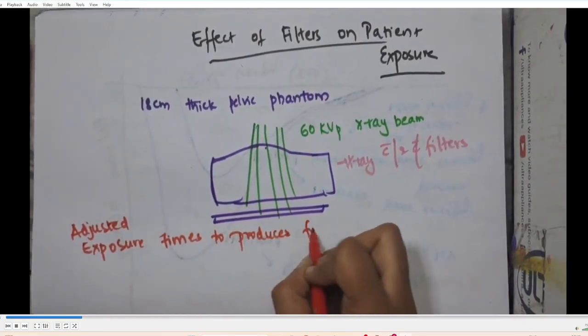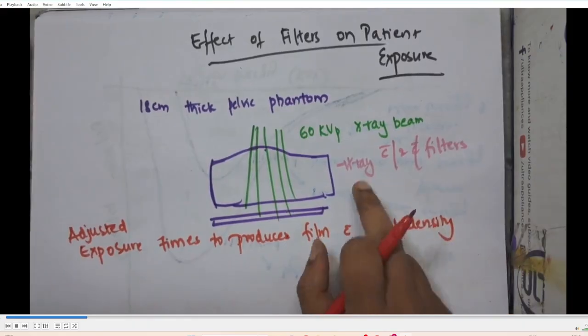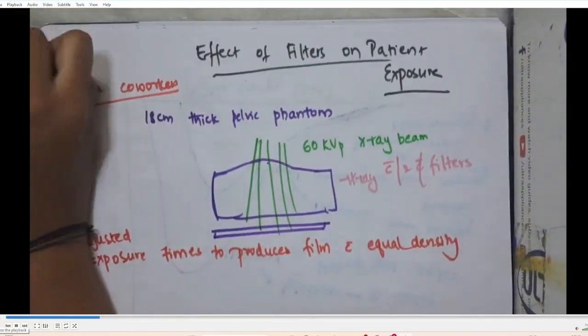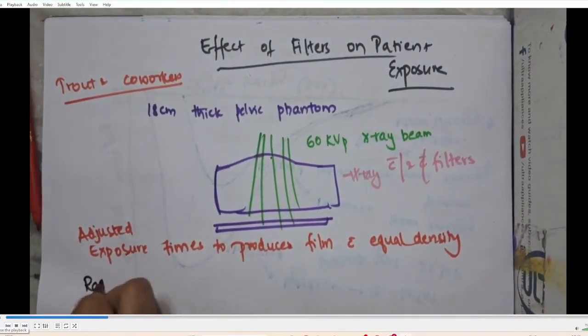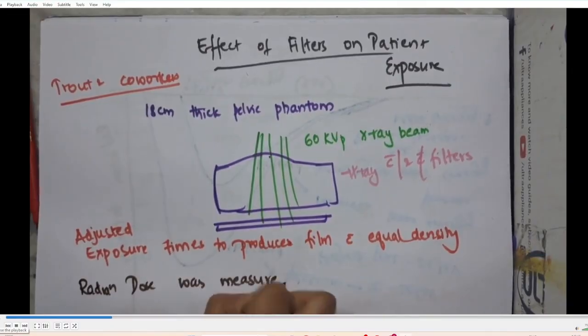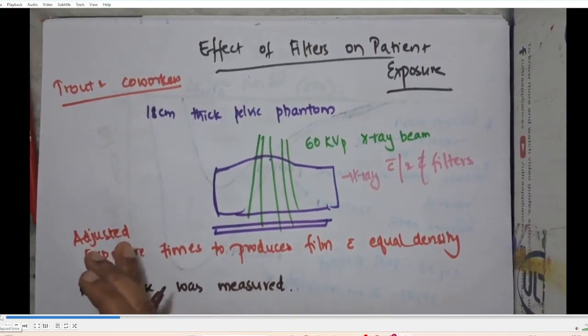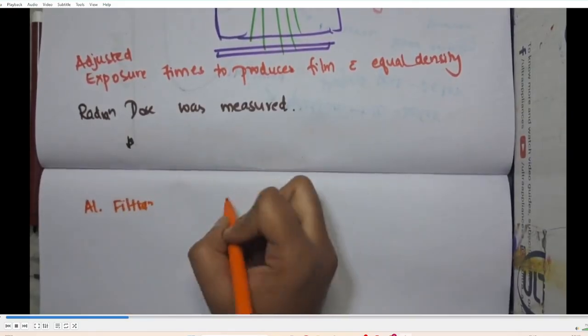Then the exposure times are adjusted to produce films with equal density, and the radiation dose to the skin over the pelvis was measured for each exposure. Next they plotted all of them in a table.